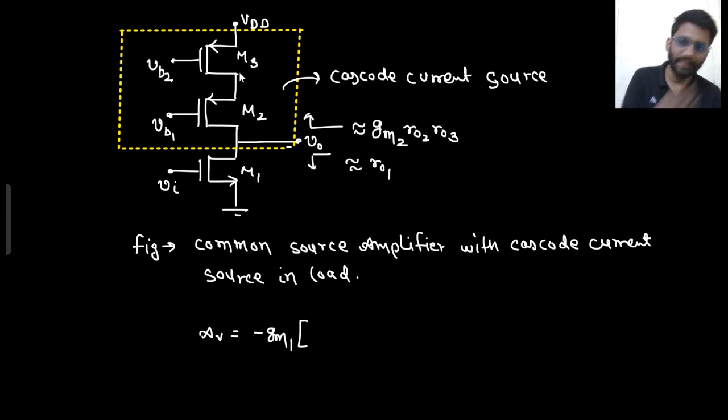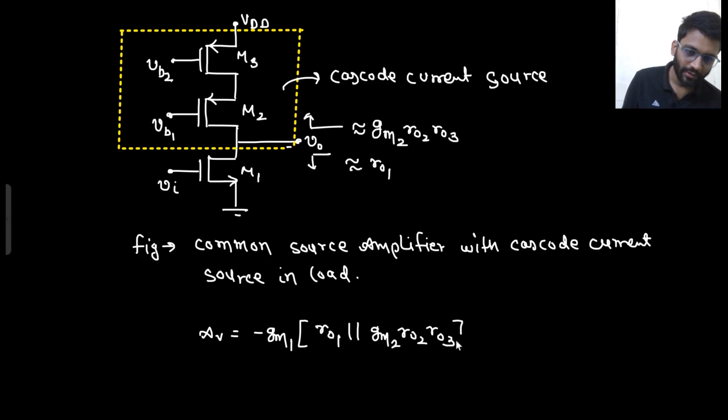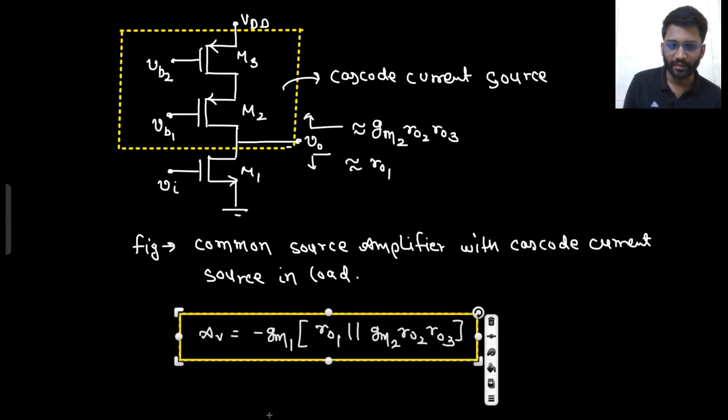From V0 to ground, this is r03 and this is some MOS. So this impedance is gm2 r02 r03. So from V0 to ground I see r01 parallel with gm2 r02 r03. So this is the gain that I am getting.